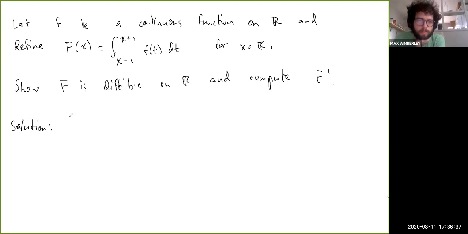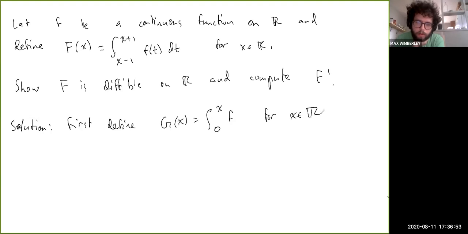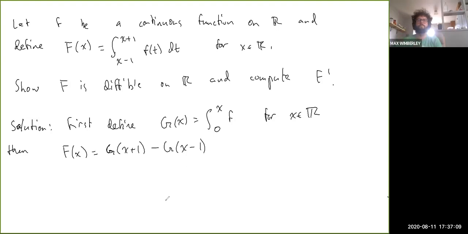First, define, let's say capital G to be the integral from 0 to x of f, for x in R. Then capital F of x is just G of x plus 1 minus G of x minus 1, right?